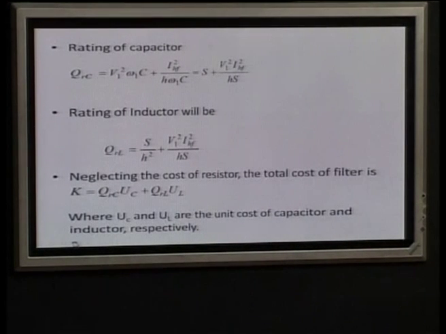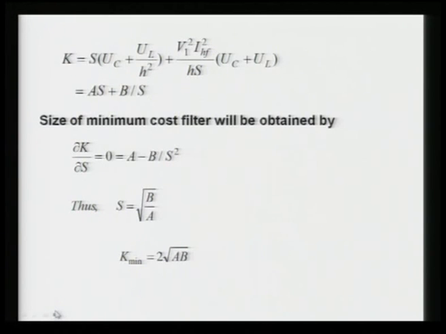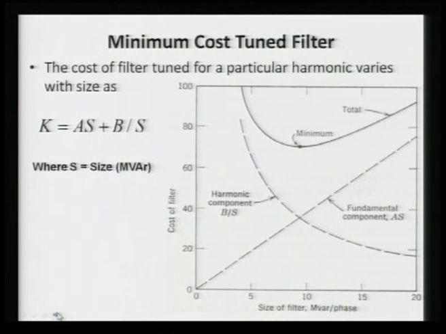From this you can put this value from here and this value from here, and you will find this expression, and now you can combine them together. Finally, we get an expression similar to the one we derived in the beginning, this curve, because the fundamental component is rising, that is A S, and B upon S is the harmonics component.